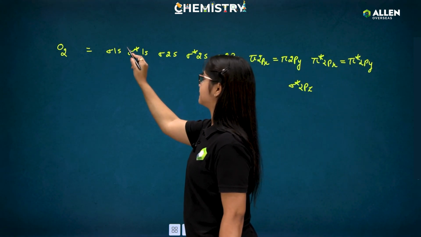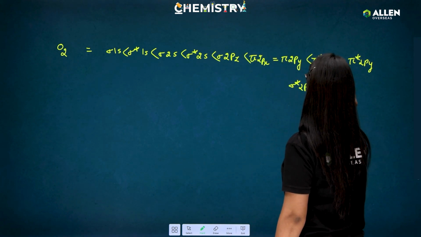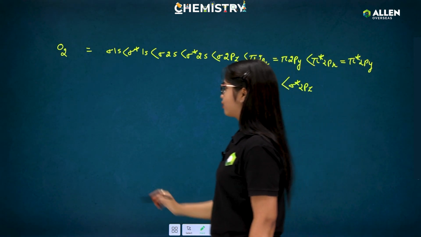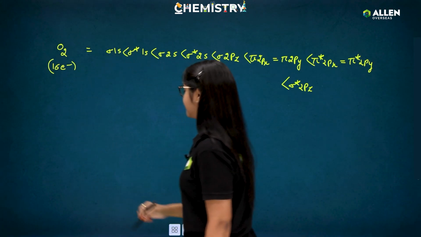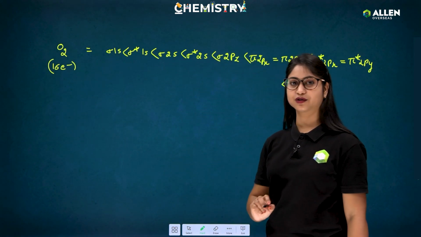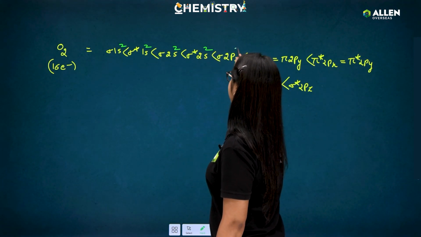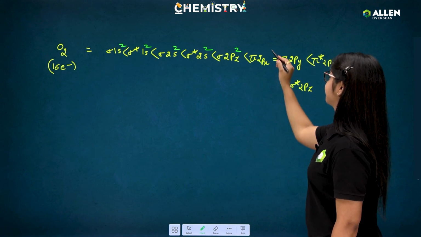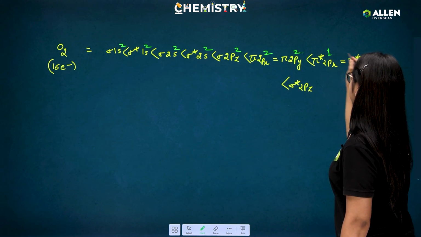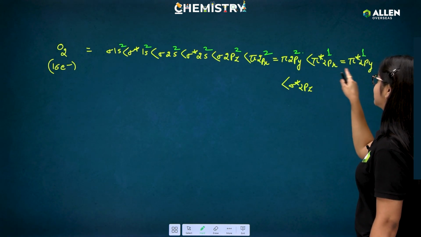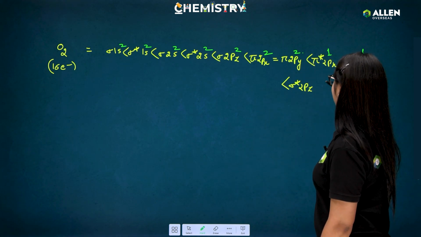This is the increasing order of energy. For O2, how many electrons do we have? 8 plus 8, 16 electrons. So we have to fill the 16 electrons now. 2, 2, 2, 2 and 2, so 10 are done, then 2 and 2, now 14. Then this is 15 and this is 16, because they are degenerate, so we fill one electron in each of these two anti-bonding orbitals, right?